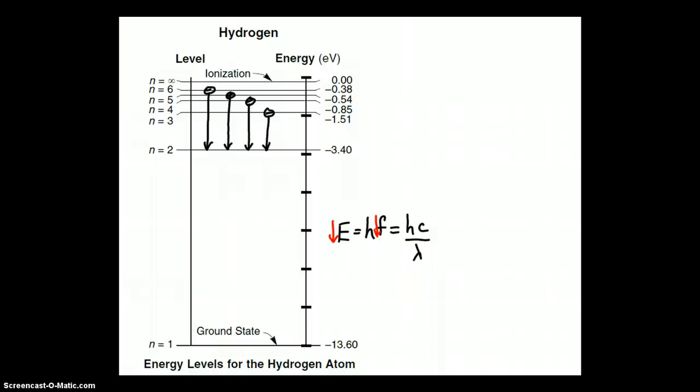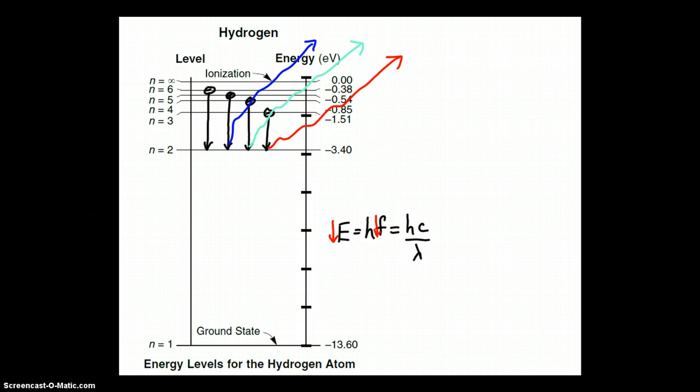So the jump from 3 to 2 emits a red photon. The jump from 4 to 2 emits a nice teal blue-green photon. The jump from 5 to 2 emits a blue-violet photon.